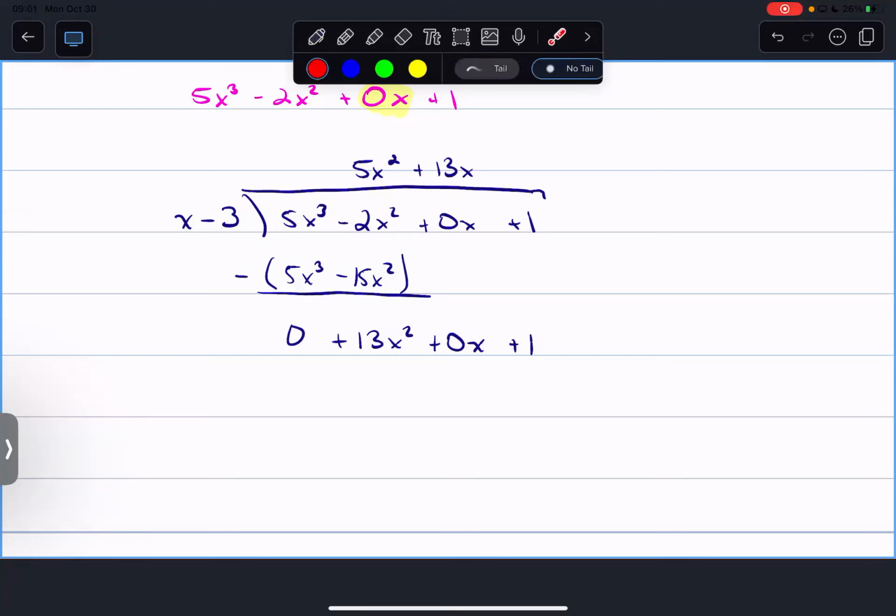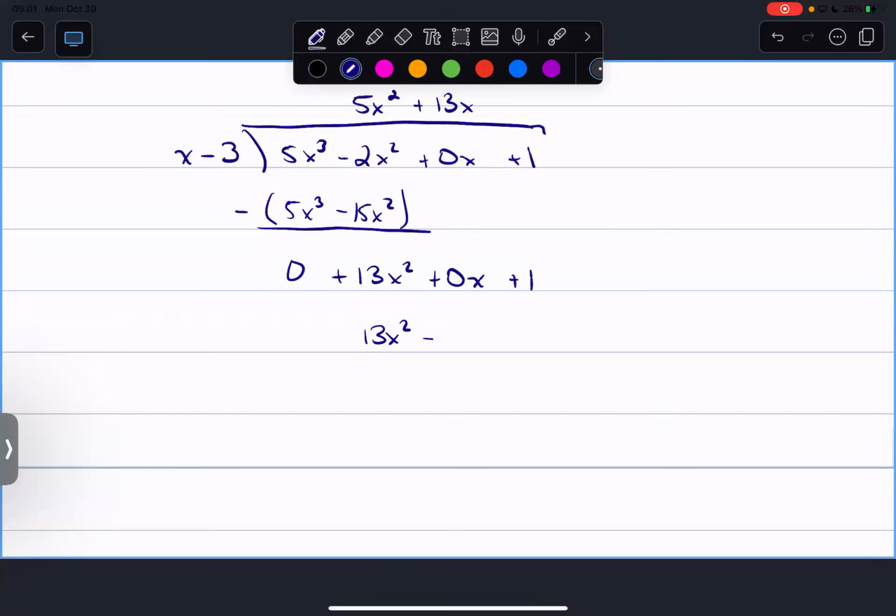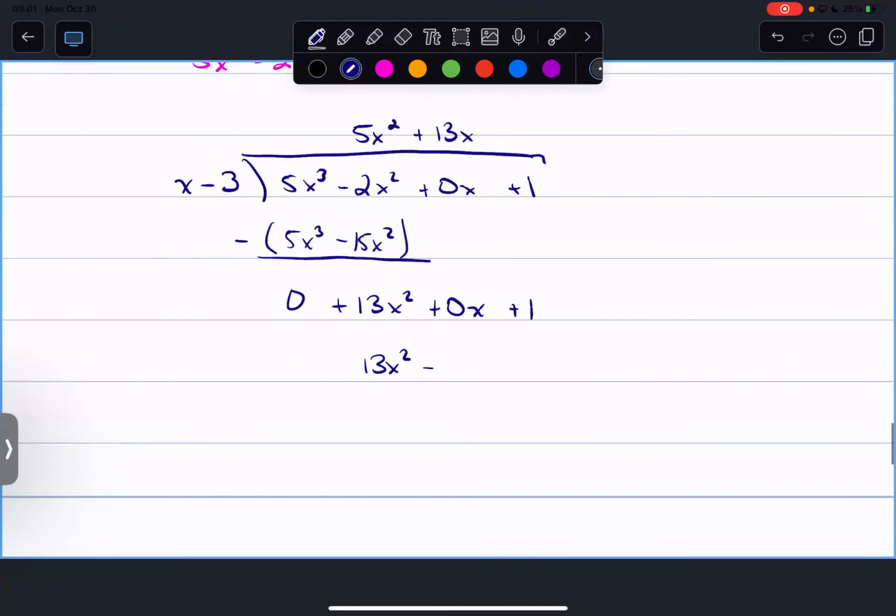So now I bounce back. 13x times x minus 3 puts me at 13x squared minus, negative 3 times 13, I get 39x. Does that match? Yeah. Whew. Math, am I right?